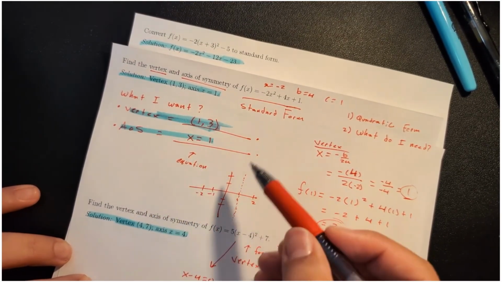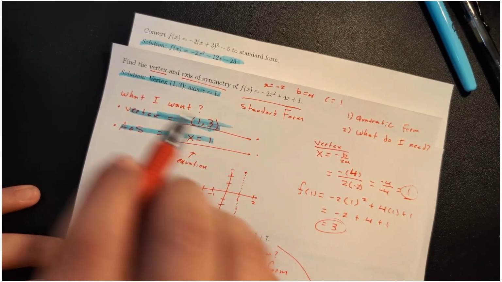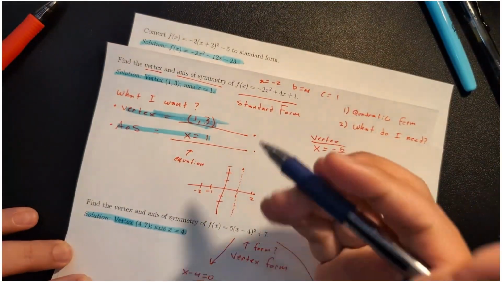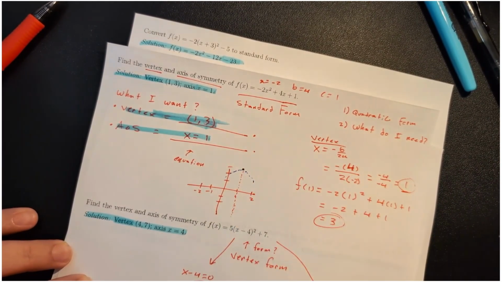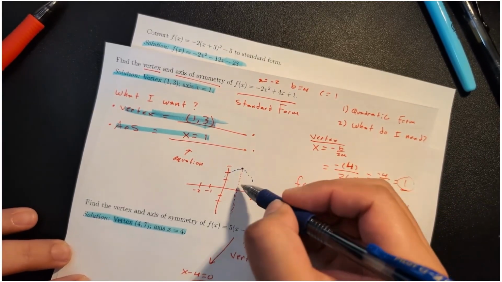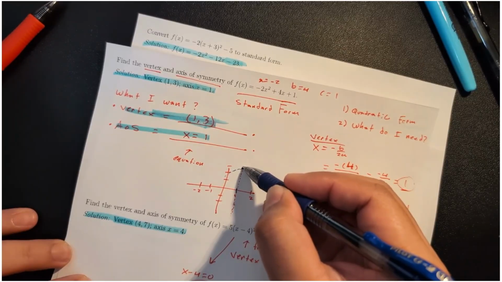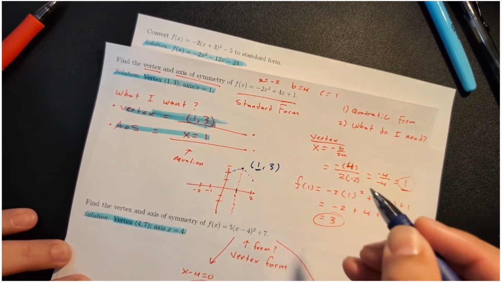But remember, up here, the vertex for this one was (1, 3), so somewhere right there, right? Let me put it in a different color. (1, 3), and it's going to go somewhere down like that. Okay. What is the axis of symmetry? Well, this is just the x value of my vertex.